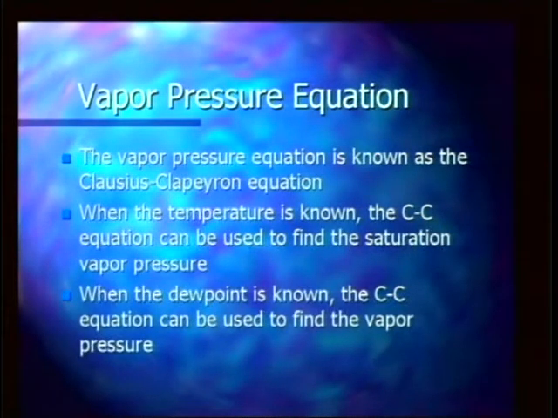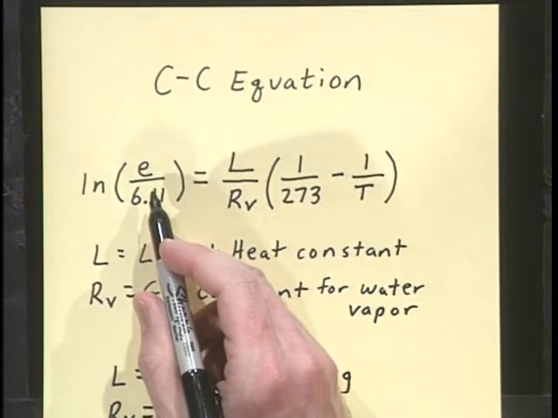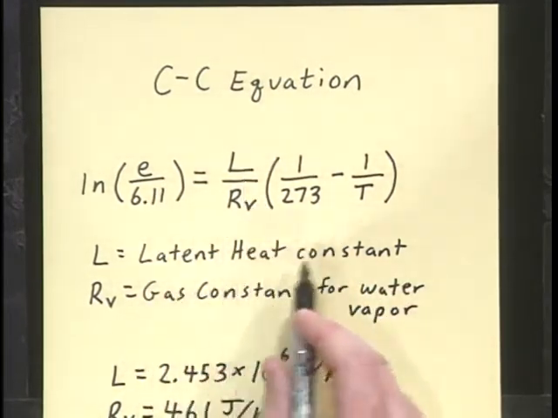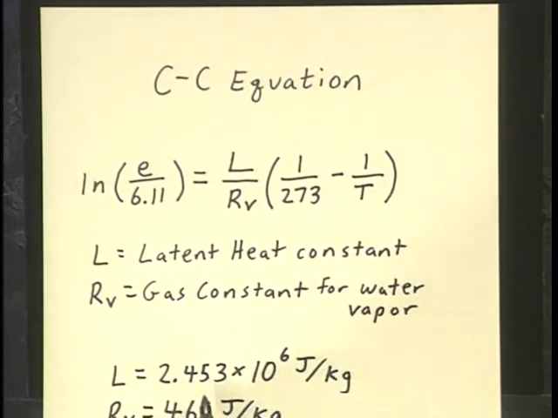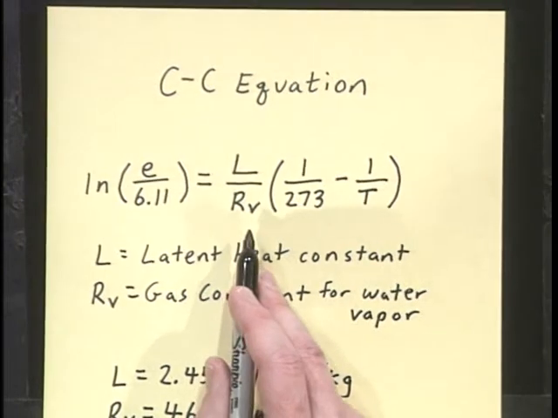And on the overhead, we'll take a look at the Clausius-Clapeyron equation. It's the natural log of the vapor pressure divided by 6.11 is equal to L, the latent heat constant, which is 2.453 times 10 to the 6 joules per kilogram. You'll remember that value that we just saw earlier for vaporization, divided by the gas constant for moist air.